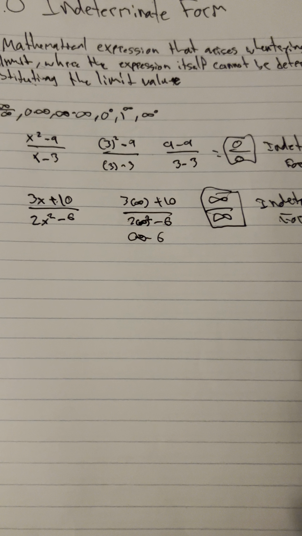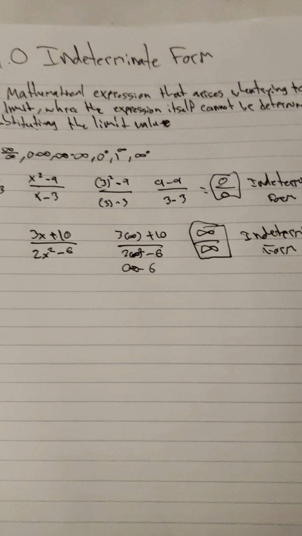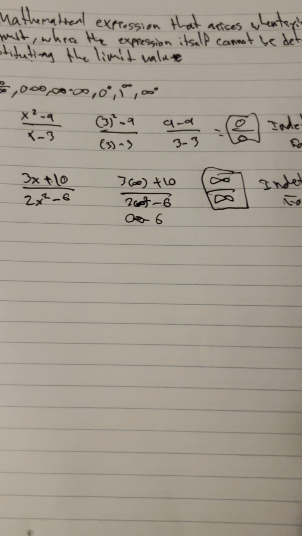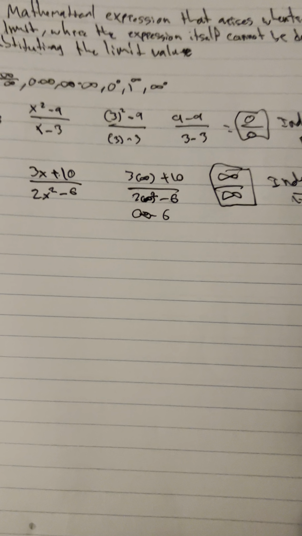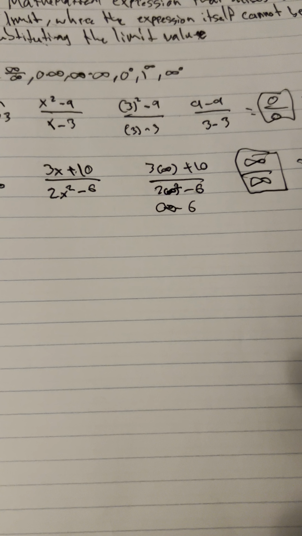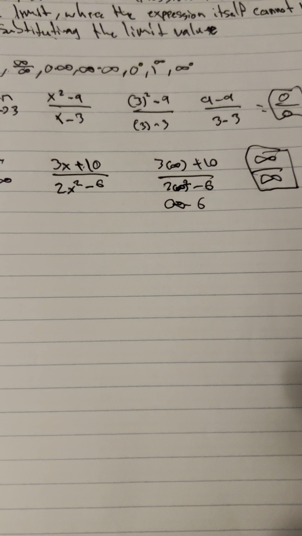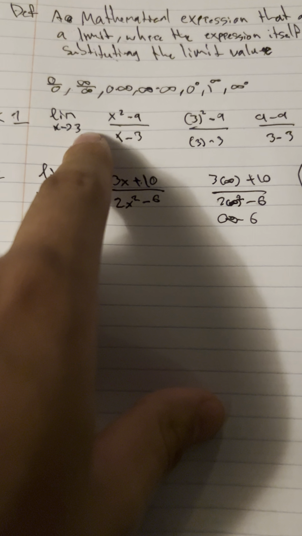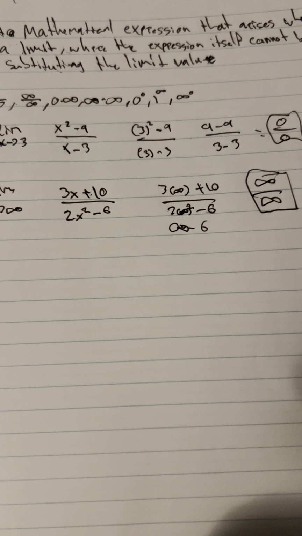I chose this topic because it sounded very interesting when I first read it, but when I did my research, I realized it was quite simple, and there's nothing much else to it except for finding the indeterminate form. But yeah, I really liked it. It was very simple. You only use it when trying to find the limit. And yeah, thank you for watching.